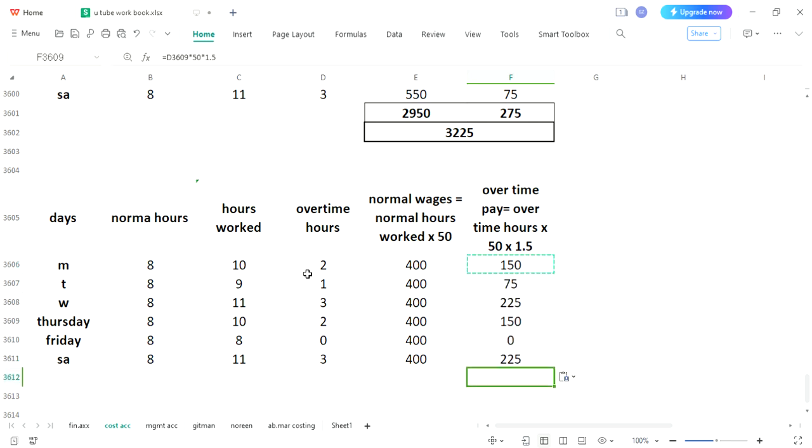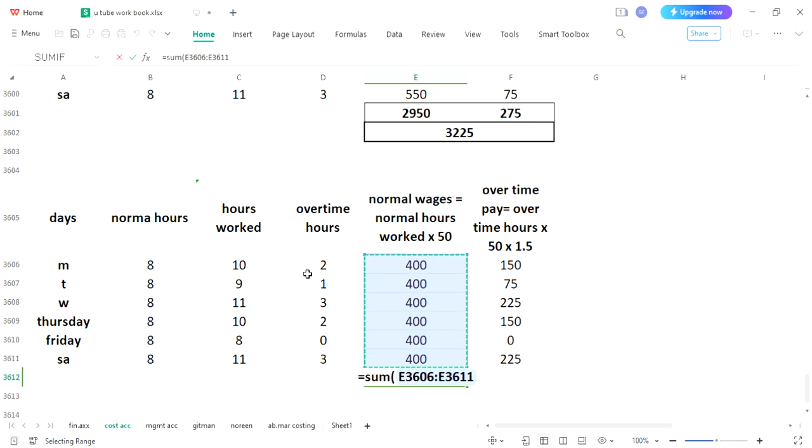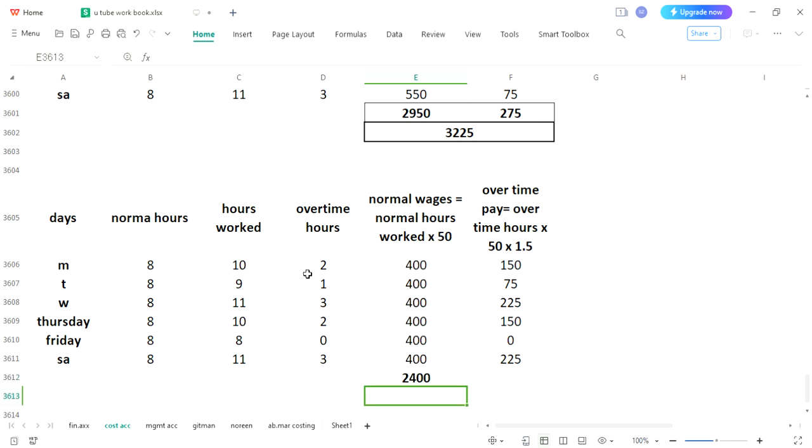I am using the formulas. Now take the sum of normal wages. Why am I copying over here? Because one method would be used for your answer in the exam. Both methods are not needed. So you can use whichever method is suitable for you.